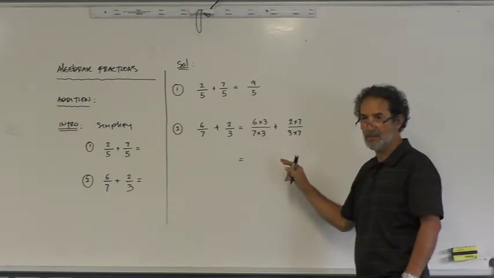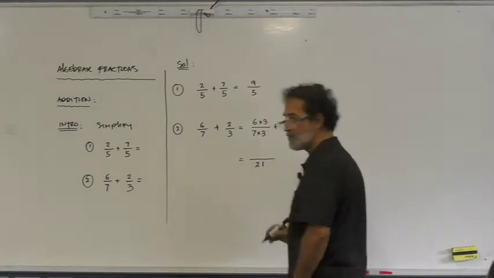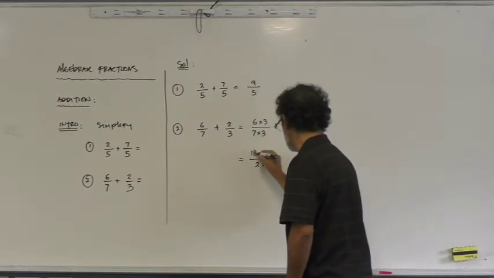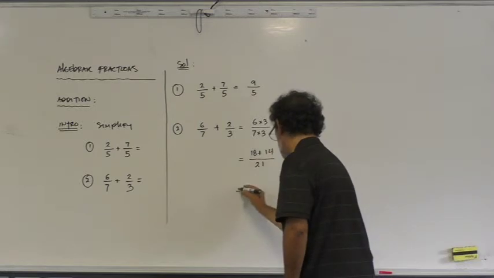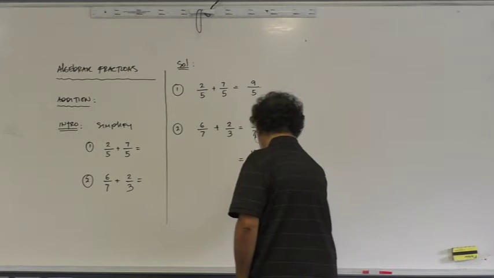Yeah. So the denominator is equal to 21, and in here we're going to have 18 plus 14. And then when you add them together, what is it? 32. Okay, so it's 32.